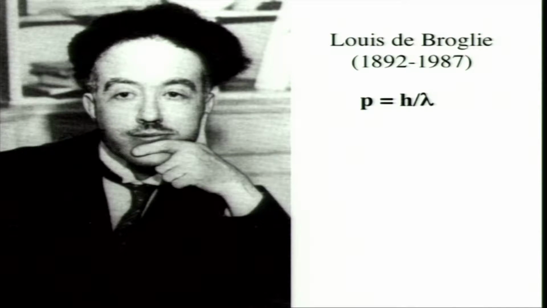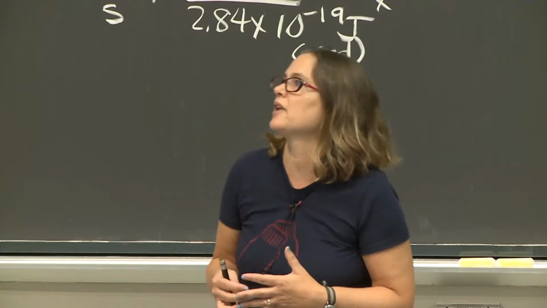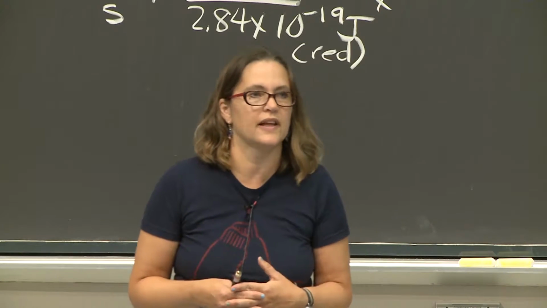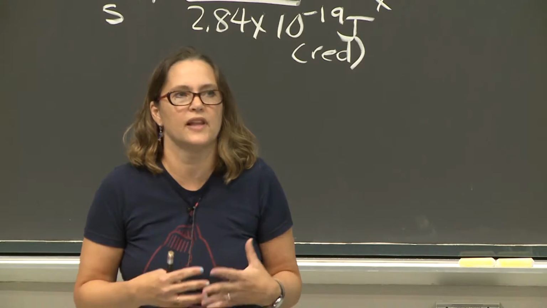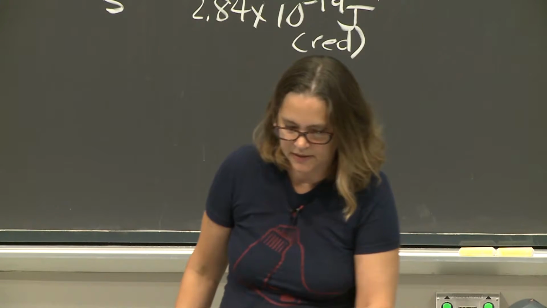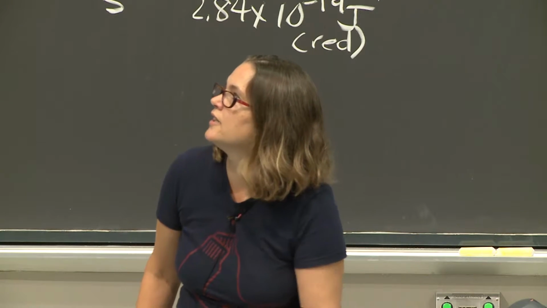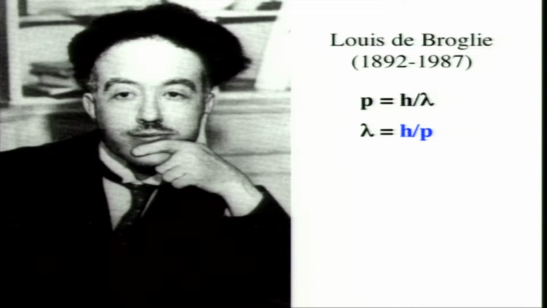He was following what Einstein was thinking about. He said, okay, that's pretty cool. If momentum is equal to Planck's constant divided by wavelength, if you can think of things that have wavelengths as having momentum, then I can rewrite this equation: wavelength equals Planck's constant divided by momentum.